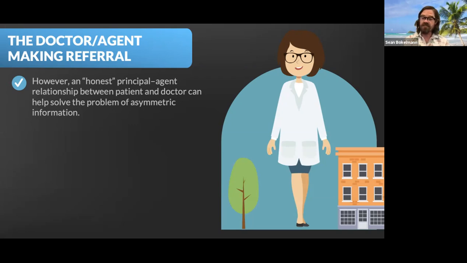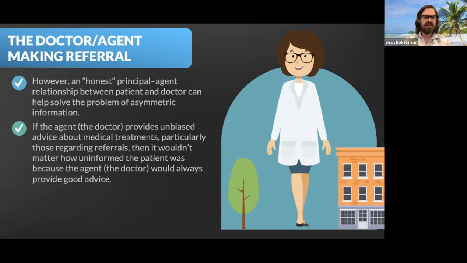The doctor has the full information, and they're acting on behalf of the best interest of the patient. So those asymmetric information problems will disappear if the doctor is an honest agent, right? If the doctor provides unbiased advice about medical treatment, particularly regarding referrals, then it doesn't really matter how uninformed the patient might be, because the doctor always provides the right and good advice.